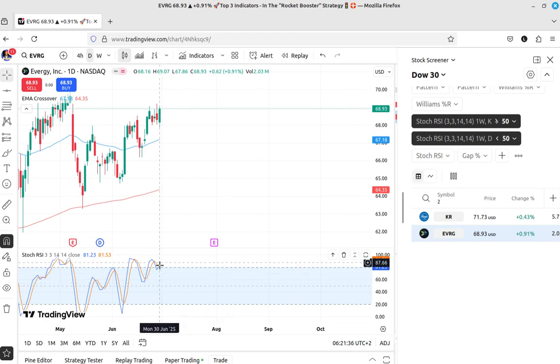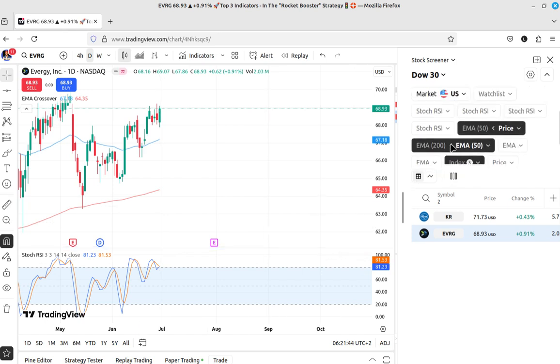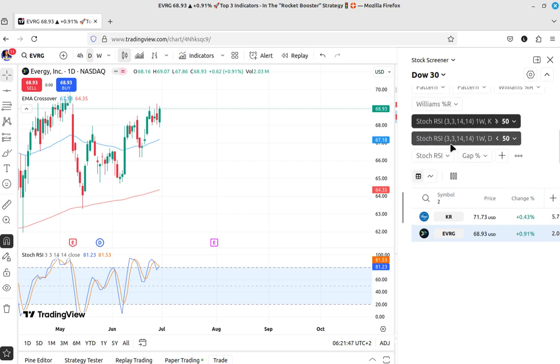So as you can see, this is a signal of a breakout chart pattern. Even though I kept it simple, I just used the weekly chart pattern here. So you seeing me constructing it live is very, very important.